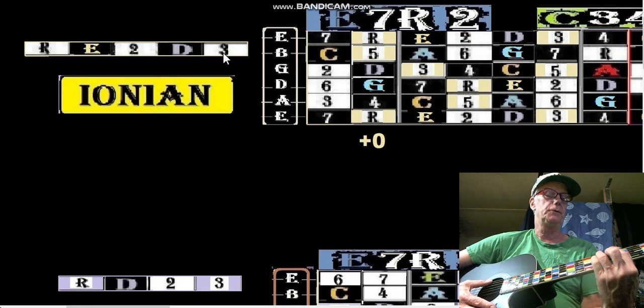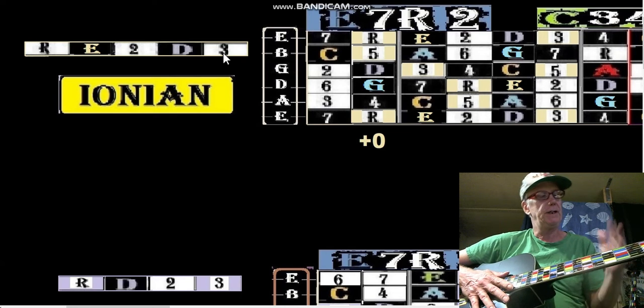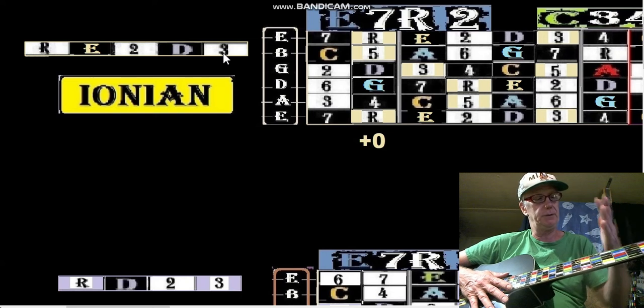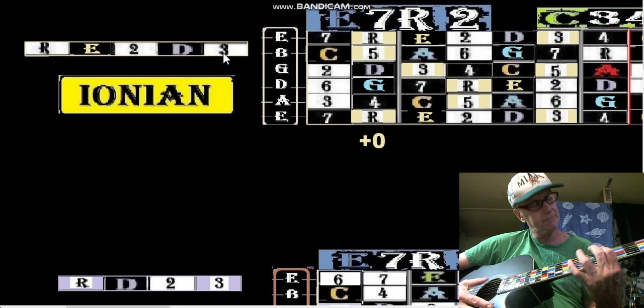Or if you were doing the short patterns, let's say you don't have a capo here, I have more fretboard here, so I can go like this.